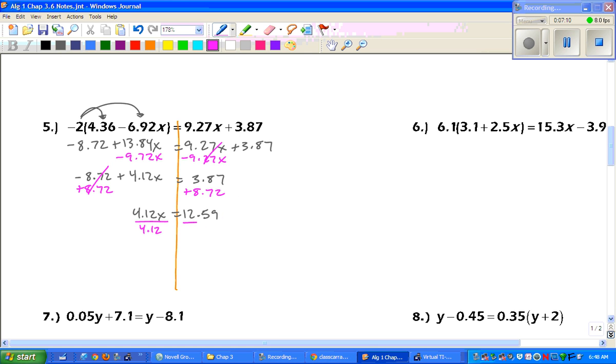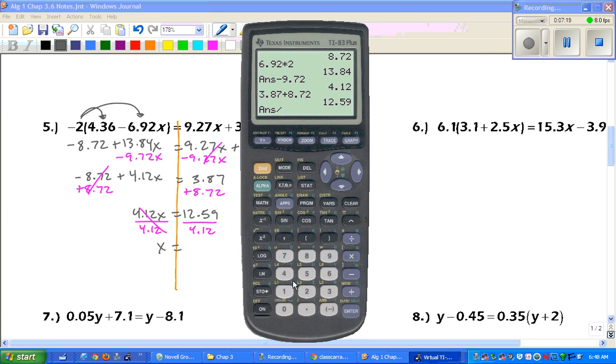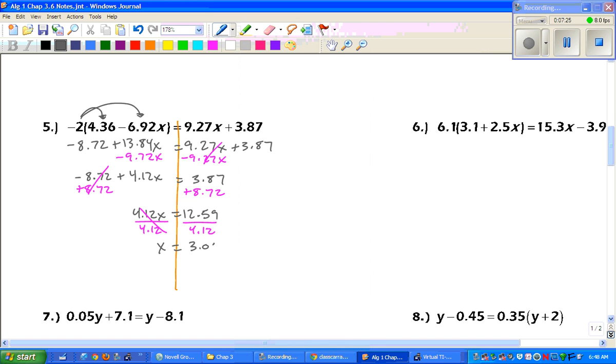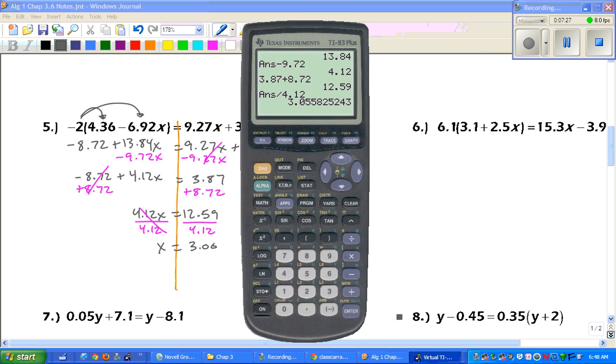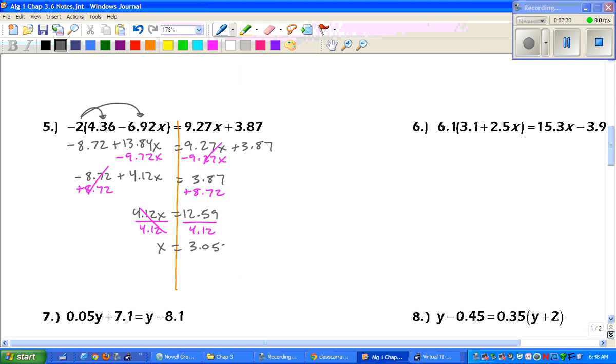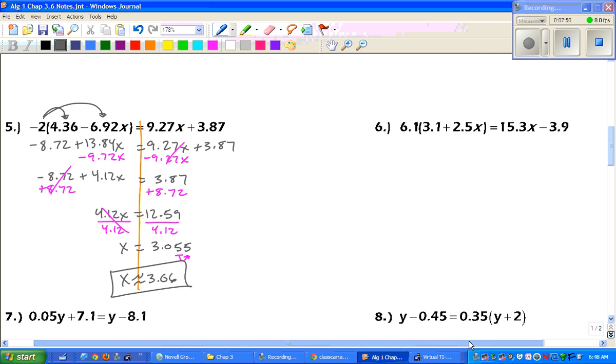Last step, almost the last step, because we might have to round. x equals 12.59 divided by 4.12, 3.055. So let's look at the 5. The 5 or more, raise the score. So x equals approximately 3.06. Okay, so we're doing the same exact thing as we were before. It's just now we're using decimals. So we have to be very careful about those.